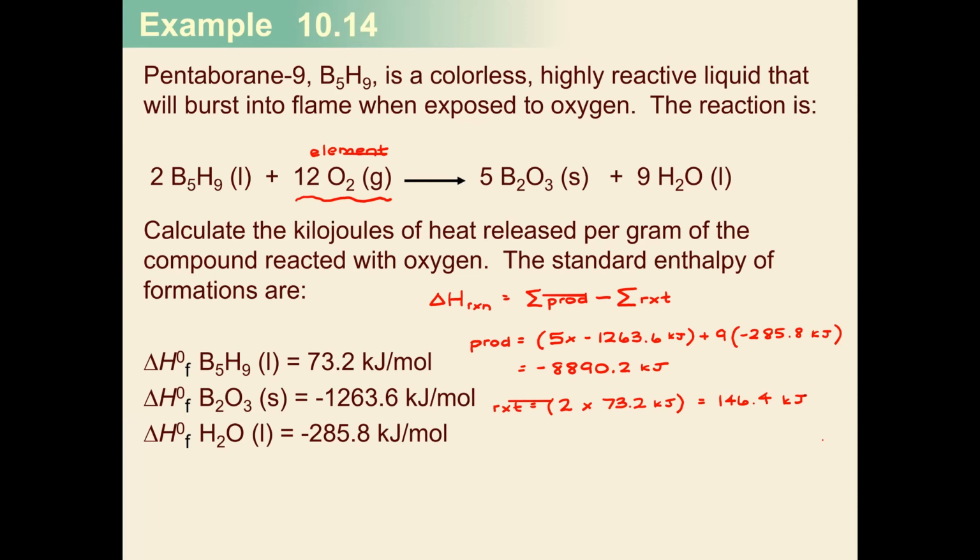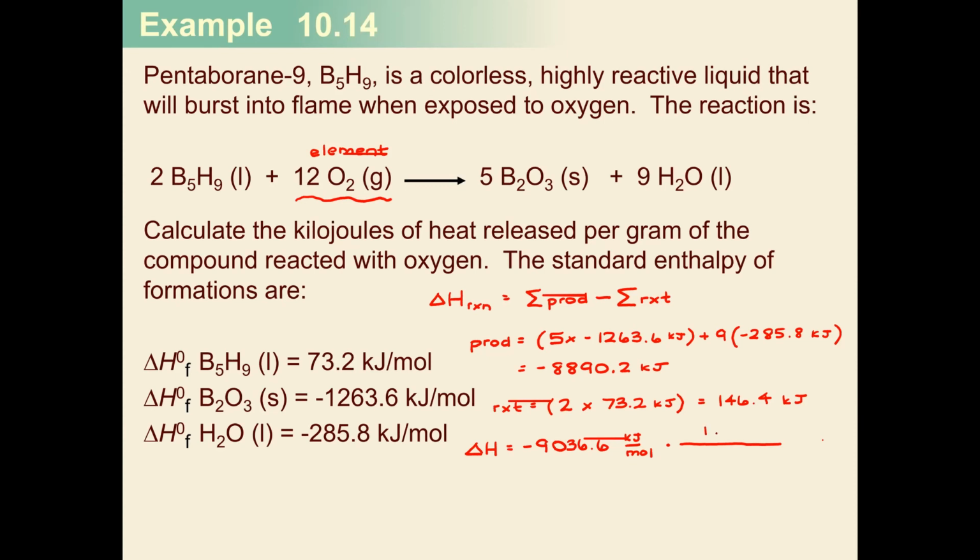So now what I need to do here is go and take my negative 8,890.2 and subtract out my reactants, and you should get a delta H on a per molar basis of negative 9,036.6 kilojoules per mole. Now, notice that this is not the answer that we want based off of our question. So what we need to do is go and convert our kilojoules per mole to kilojoules per gram. So what I need to do in all of that is that I will go and get the molar mass of my pentaborane 9.